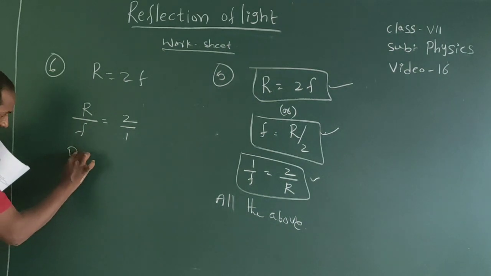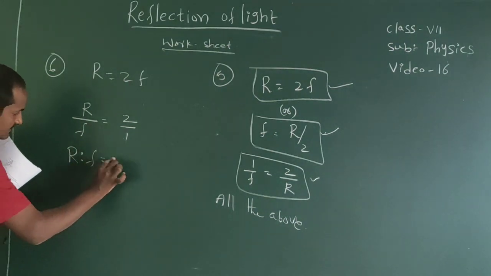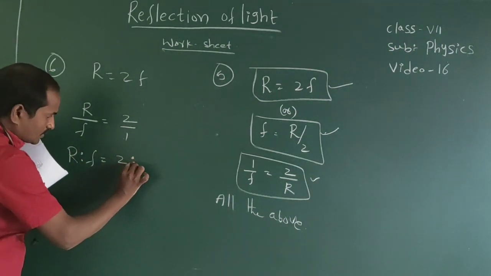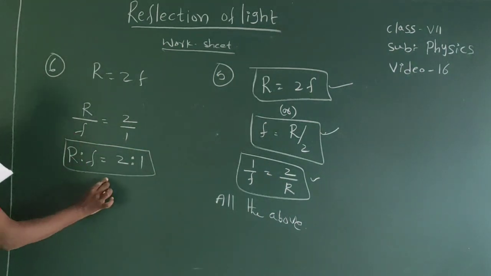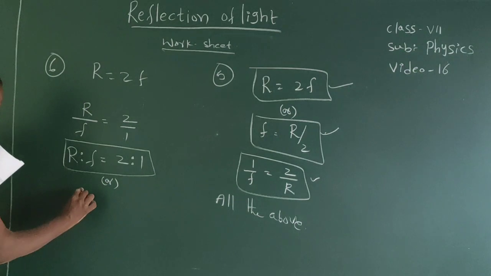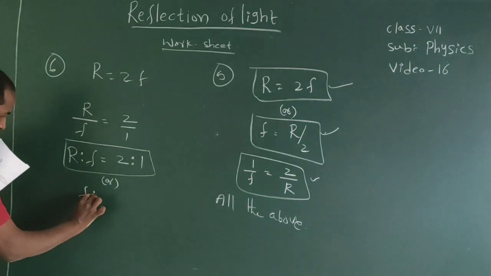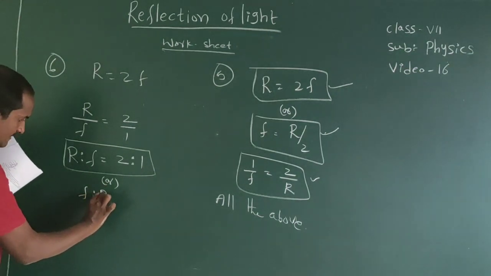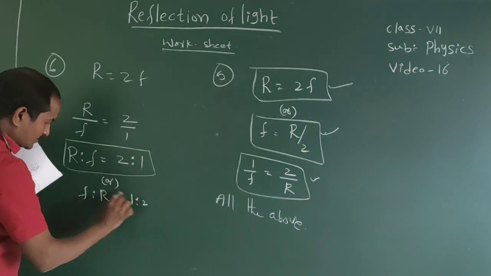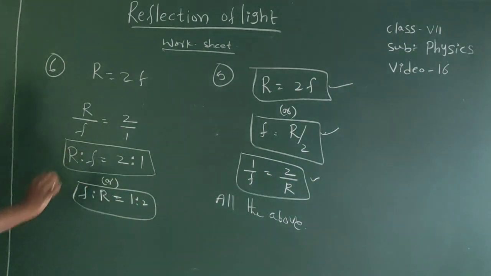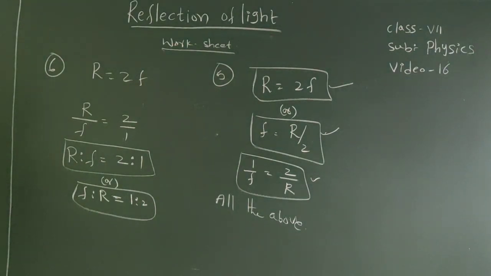Therefore R is to F is equal to 2 is to 1. F is to R is equal to 1 is to 2. It is the ratio between F and R.